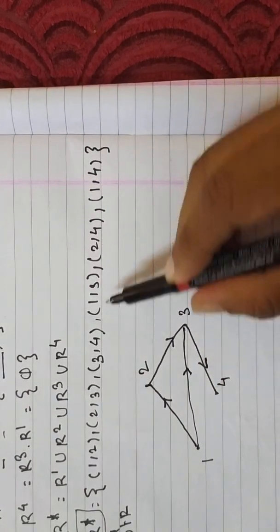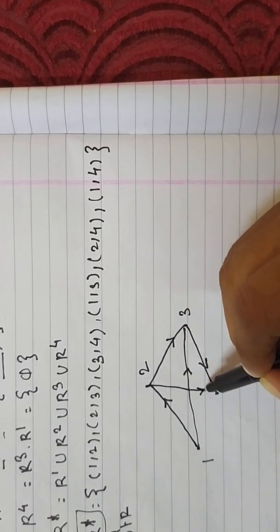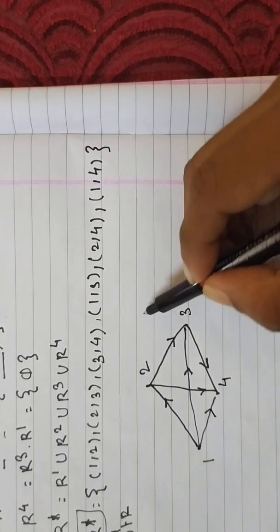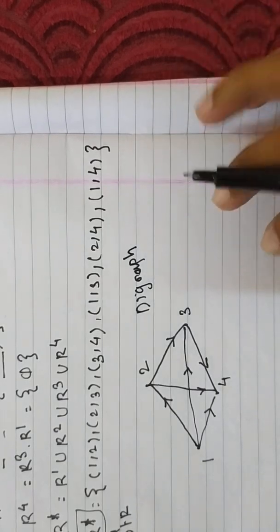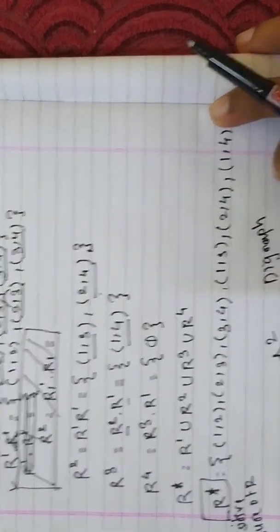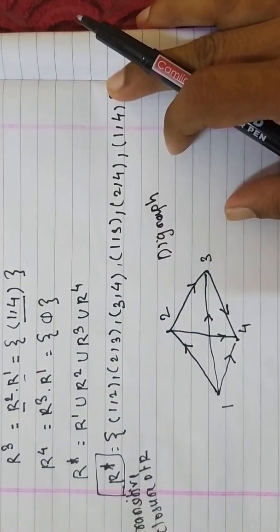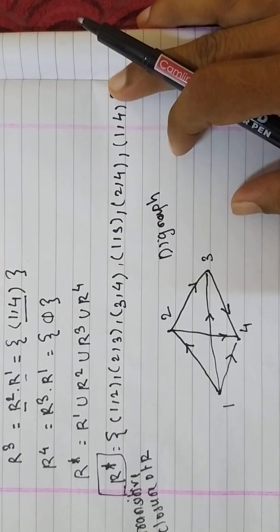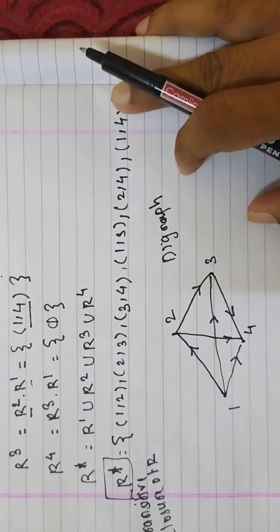Then 2 to 4 is also present, so 2 to 4, and 1 to 4 is also present. So this is the diagram of this R star. Now I hope you are getting this point. If you find it difficult, pause this video and wherever required, try to solve this example on your own, in your own notebook.